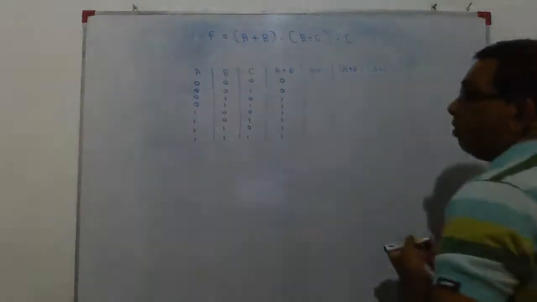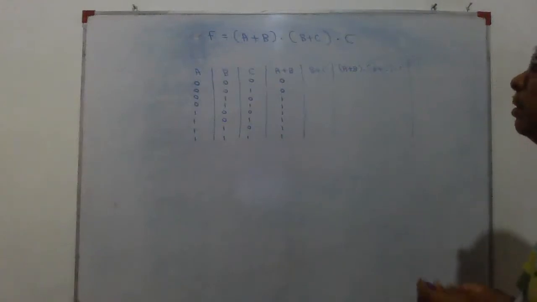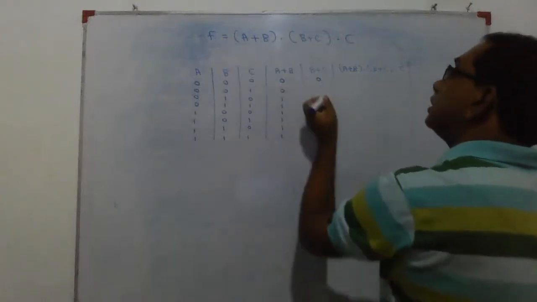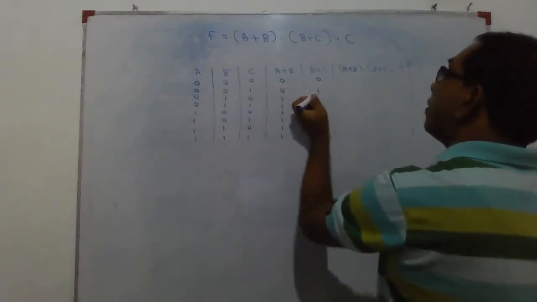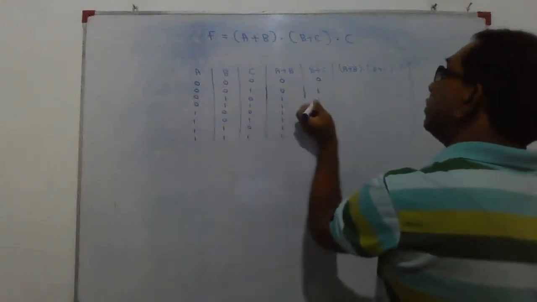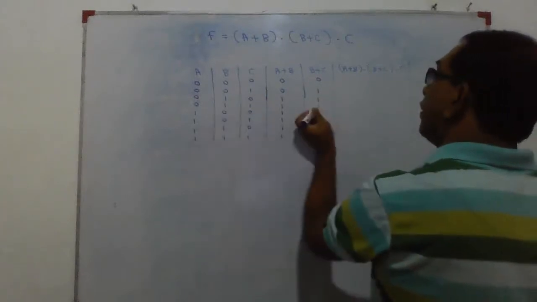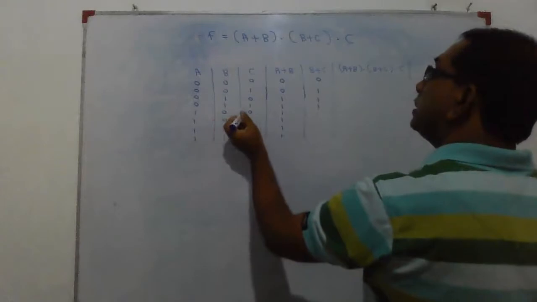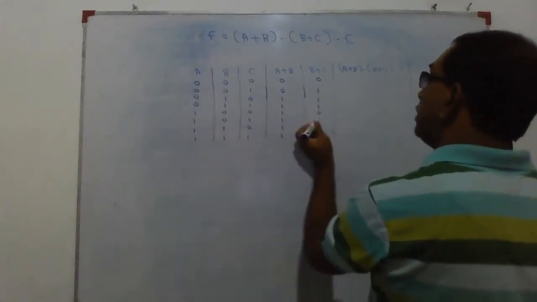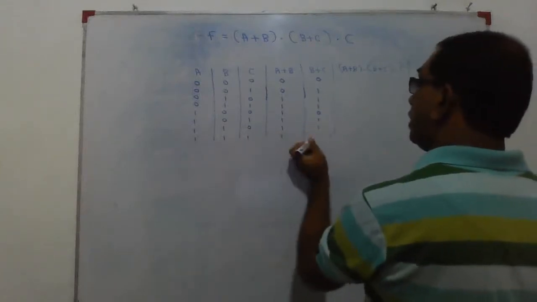Then you know OR gate. It should be OR. B OR C: 0 1 1 1 0 1 1 1.